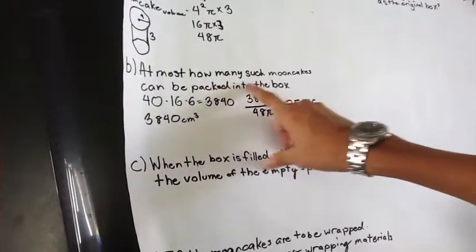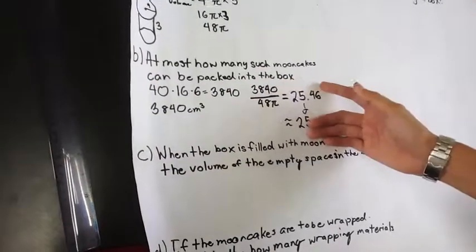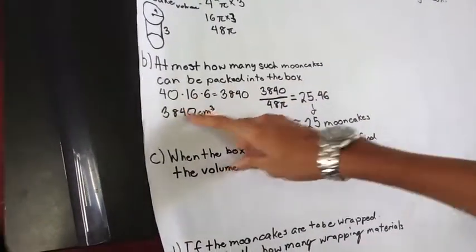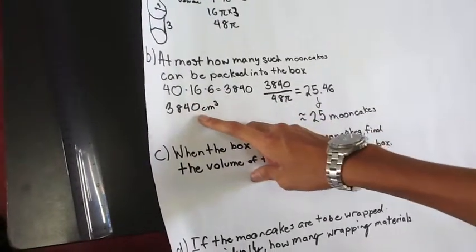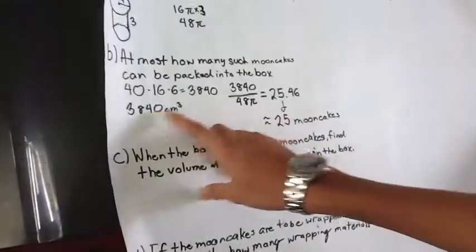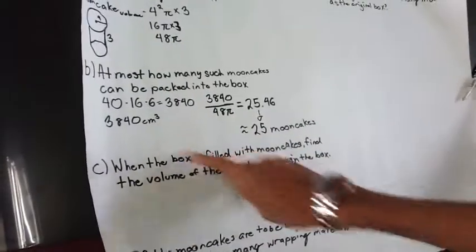At most, how many such mooncakes can be packed into the box? As we know, the box is 40 by 16 by 6. So the volume of the box is 40 times 16 times 6, which equals 3,840 cm cubed.